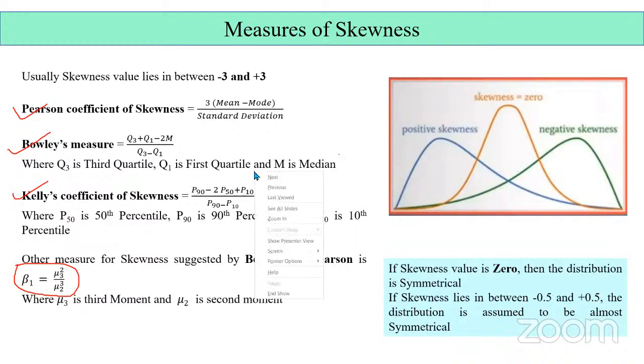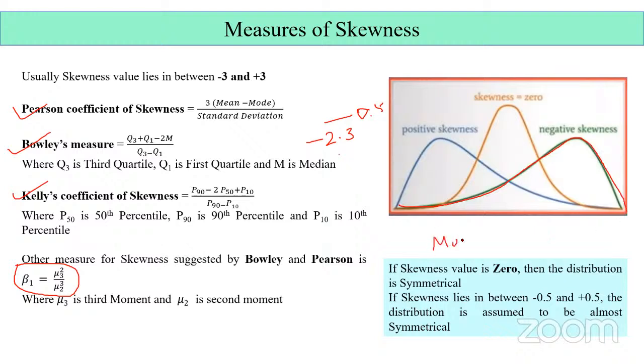Fine. Suppose you calculate any of these values and assume you got minus 2.3 or minus 0.5. This shows that the data is negatively skewed, where mode is more than median is more than mean. That means the maximum number of people are falling into a particular value, which is what the mode represents.